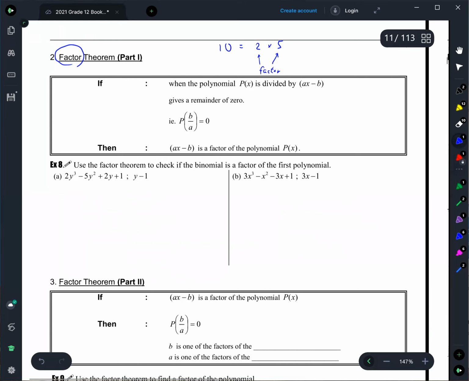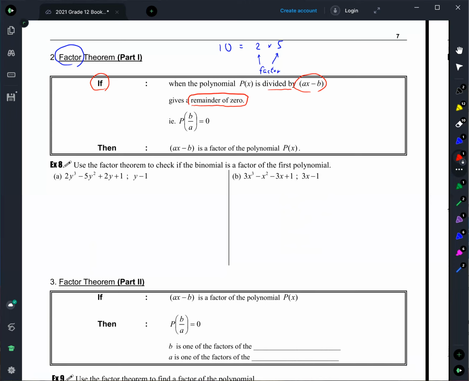Okay? So that's the idea. If you divide it by something, divided by a divisor, and the remainder is 0, then we will say this divisor is a factor.